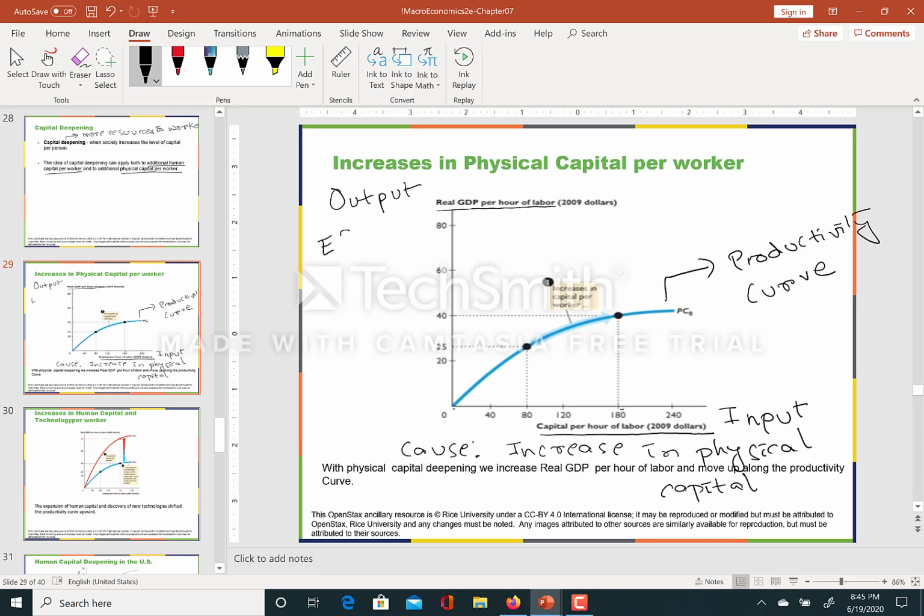And if we look at the effect, we are looking at increase in real gross domestic product. Definitely increase in physical capital will lead to increase in real gross domestic product. But we are moving along this productivity curve.